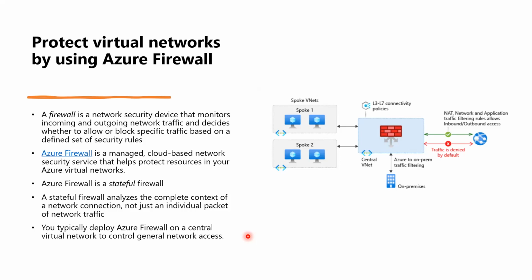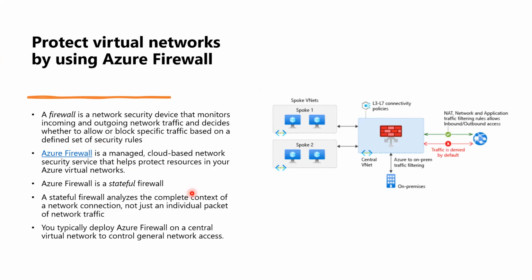Now we know what a firewall is. Let's talk about Azure Firewall. Every Azure service, you understand, is a cloud-based service. Azure Firewall is a managed cloud-based network security service, and because it is managed, most of the things are managed by Azure itself. Earlier, the firewall used to be a hardware device that had to be procured, configured, patched, updated, and connected by individuals, the firewall administrators.